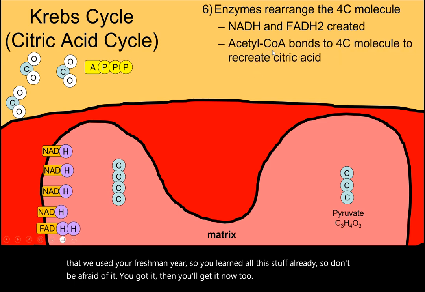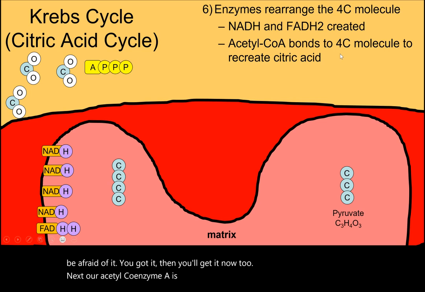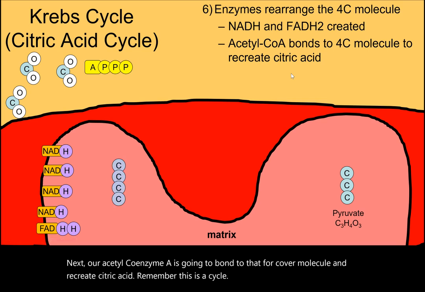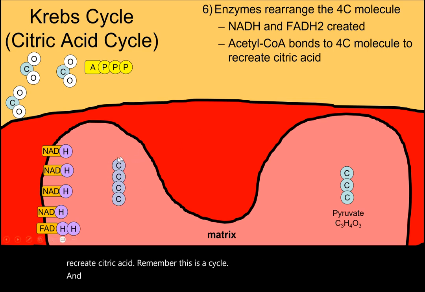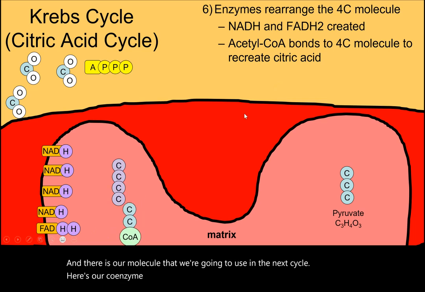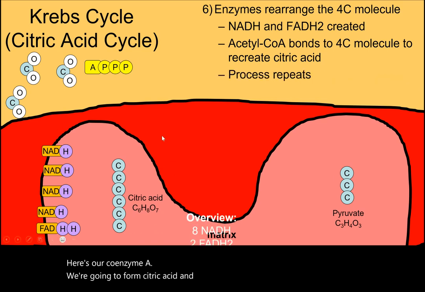Next, our acetyl coenzyme A is going to bond to that 4-carbon molecule and recreate citric acid. Remember, this is a cycle. And there is our molecule that we're going to use in the next cycle. Here's our coenzyme A. We're going to form citric acid, and then the process repeats.